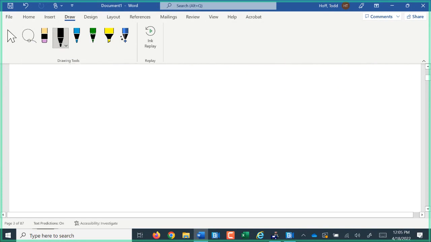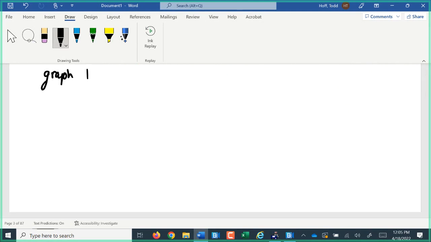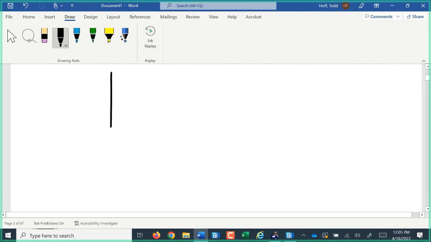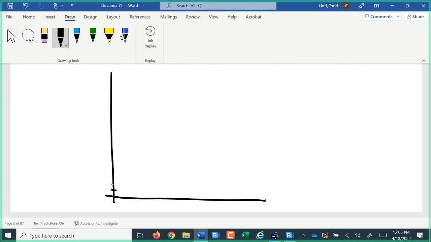We might graph the volume of fluid in an IV bag. So I'm going to start off and make my graph down here. Let's be a little bit more precise than that.